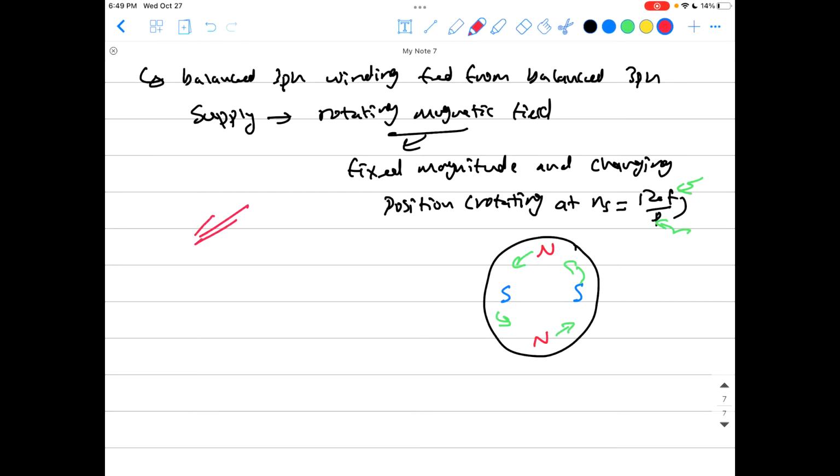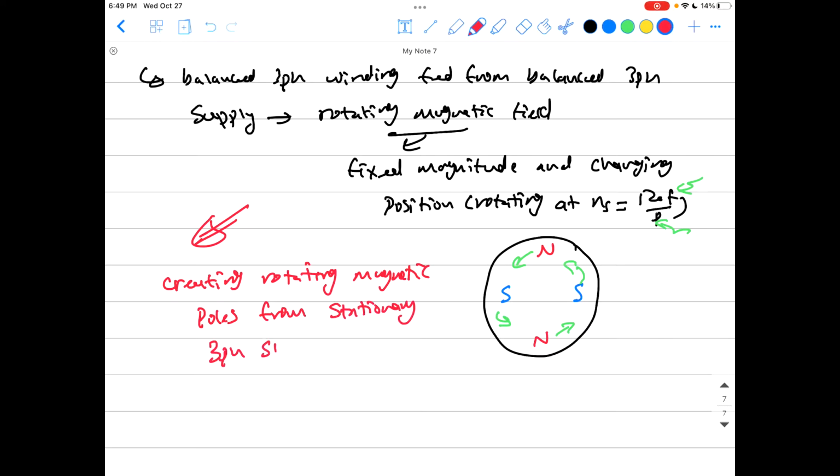From this, if you have three-phase winding fed from three-phase supply, you are now creating rotating magnetic poles from stationary three-phase stator winding.